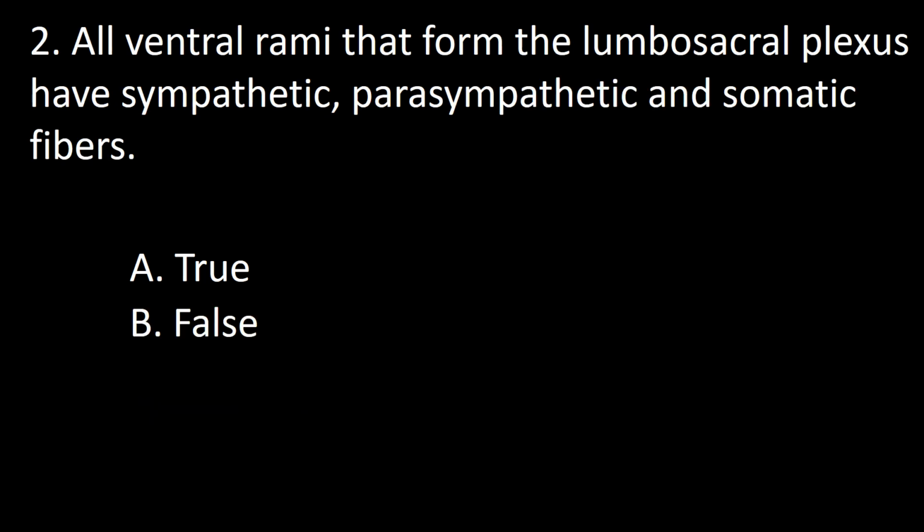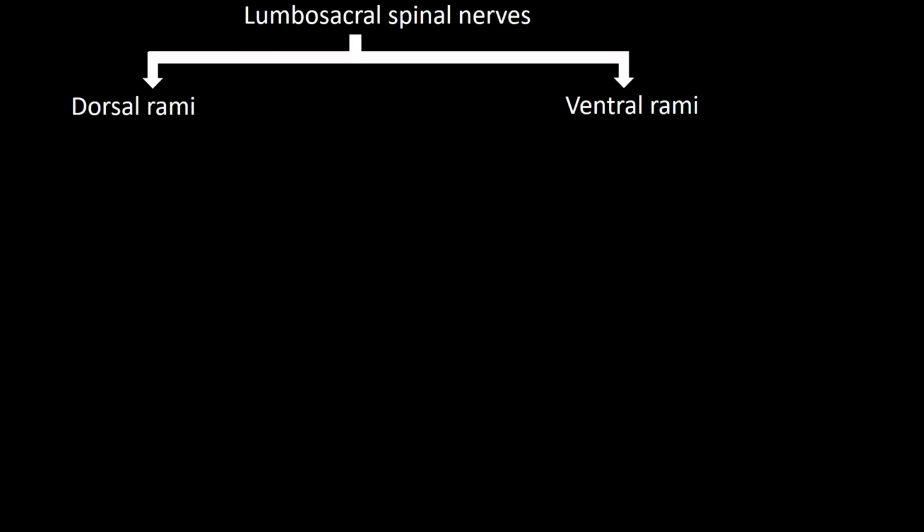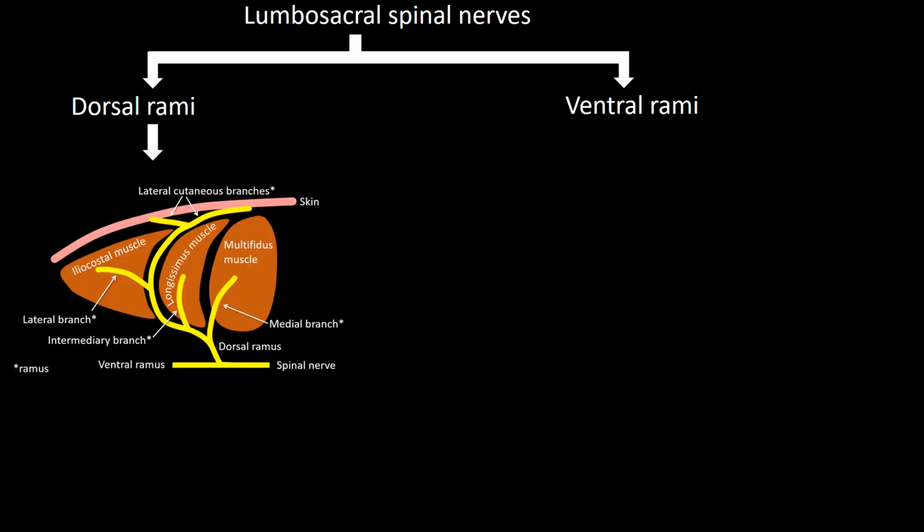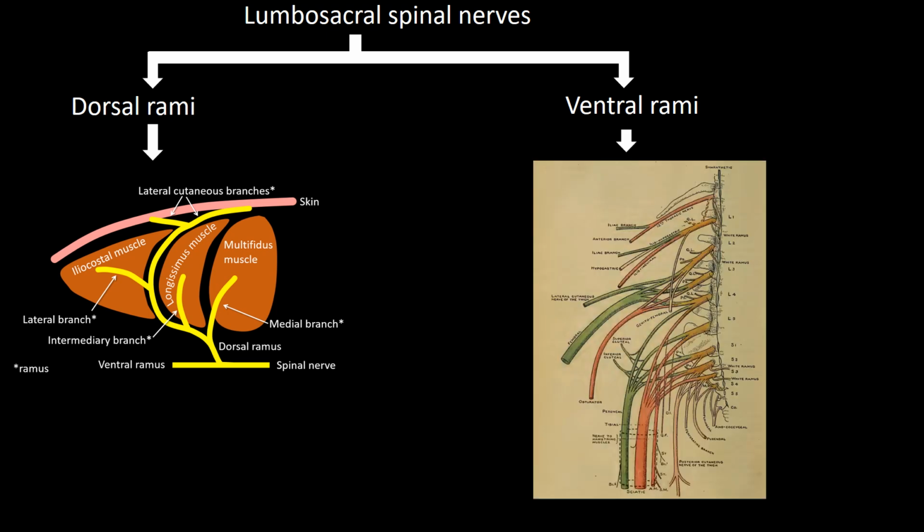Next question. All ventral rami that form the lumbosacral plexus have sympathetic, parasympathetic, and somatic fibers. A true, B false. The lumbosacral spinal nerve, as we have just mentioned, divides into dorsal and ventral rami. The dorsal rami go to innervate the back of the torso. The ventral rami form the lumbosacral plexus.